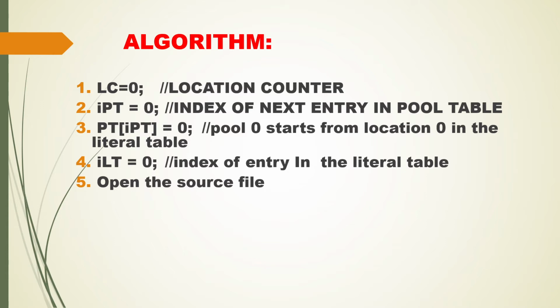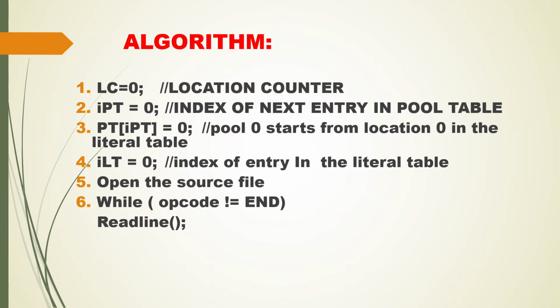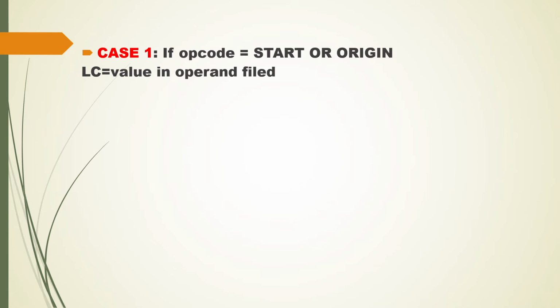Now we will open the source file. While the opcode is not equal to END, till that we will read the lines of the source code. Case 1 is if the opcode is a START or an ORIGIN, then the location counter contains the value in the operand field.